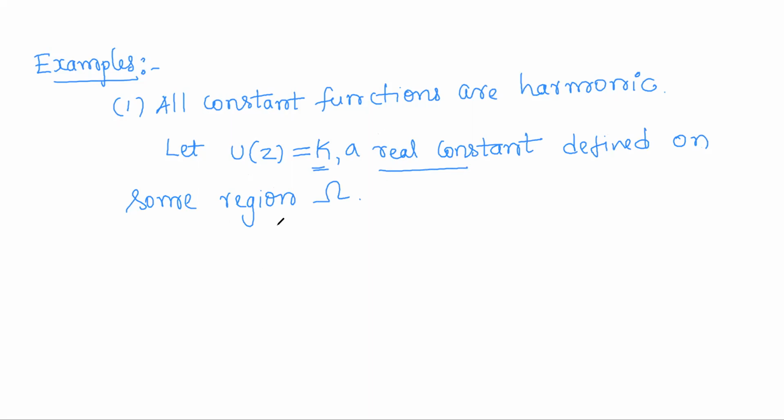Now we shall verify the axioms for u of z to make it harmonic. Basically, a harmonic function has to be defined for complex numbers and it has to take real values. In this case, it is defined for complex variables, and it always takes the same value k, which is a real constant. So it is a real valued function of a complex variable. And as it is a constant function, we know that all constant functions are continuous.